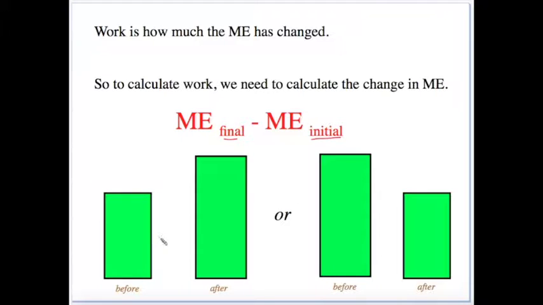To visualize that, if we have a mechanical energy before and after like this, we're trying to find what's this extra amount that was added. Or if we start off with more mechanical energy than we ended up with, we want to find out how much energy was taken away. That's the work. Work is how much energy got taken away or added to.